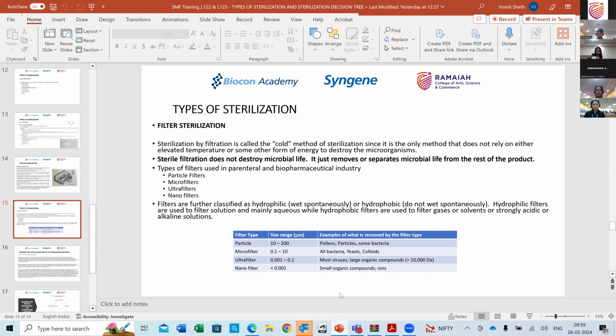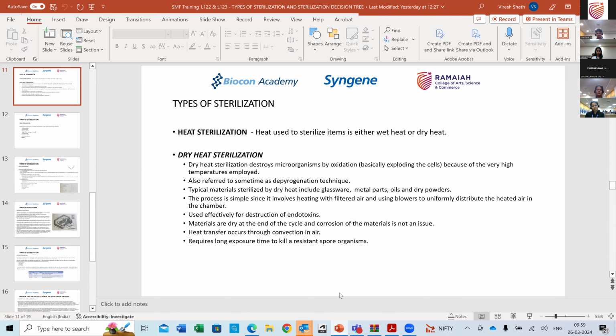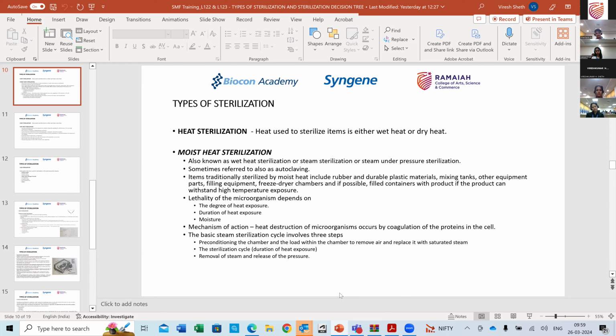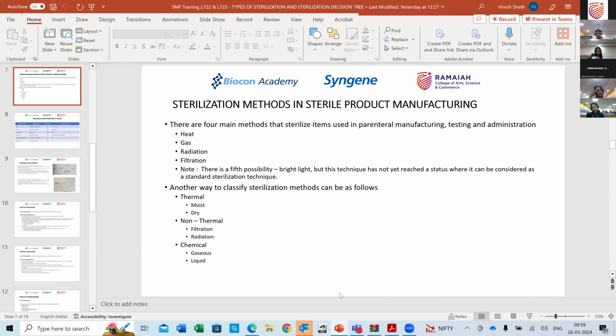Any questions on any of the types of sterilizations which are there? Please feel free to ask. Don't be shy, because these are things which you will have to apply when you get to the industry, and there are also certain applications which you will have to be clear about as your own responsibility when you work in the industry.